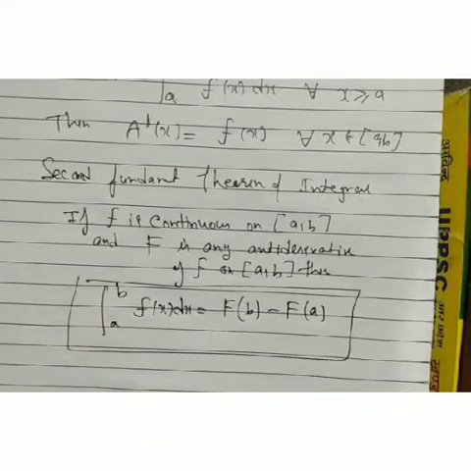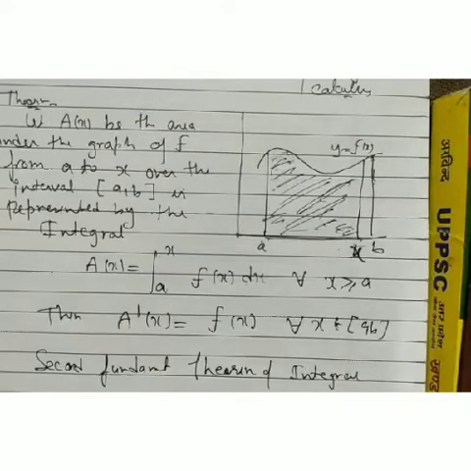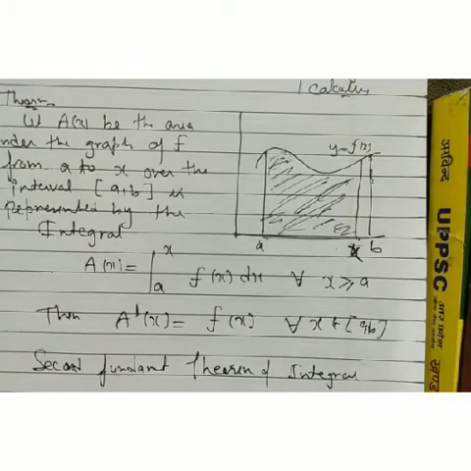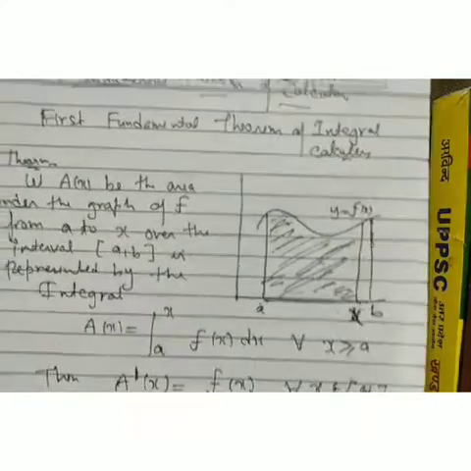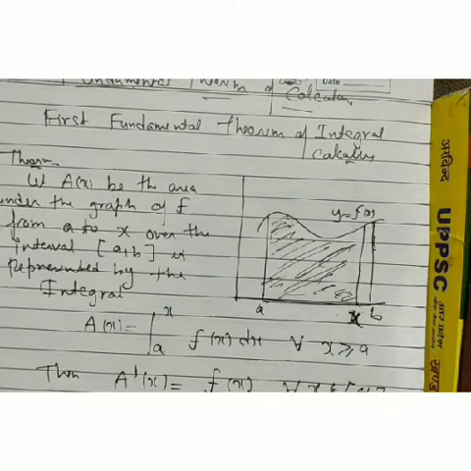Now we have discussed our fundamental theorem of calculus. We state it in two parts. In the first part, we suppose that the function f is continuous on the closed interval [a, b].